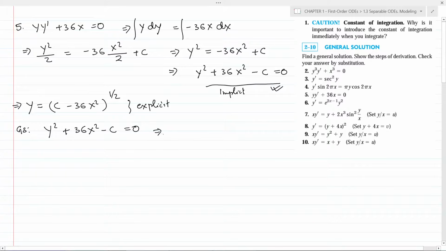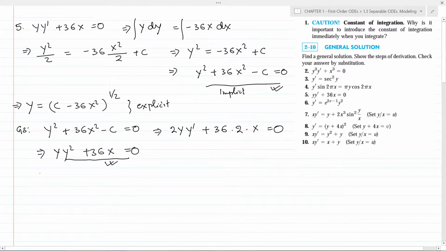We differentiate both sides with respect to x and we get 2y y dash plus 36 multiplied by 2 multiplied by x is equal to 0. We divide both sides by 2 and we get y y dash plus 36x is equal to 0, which is the original ODE.